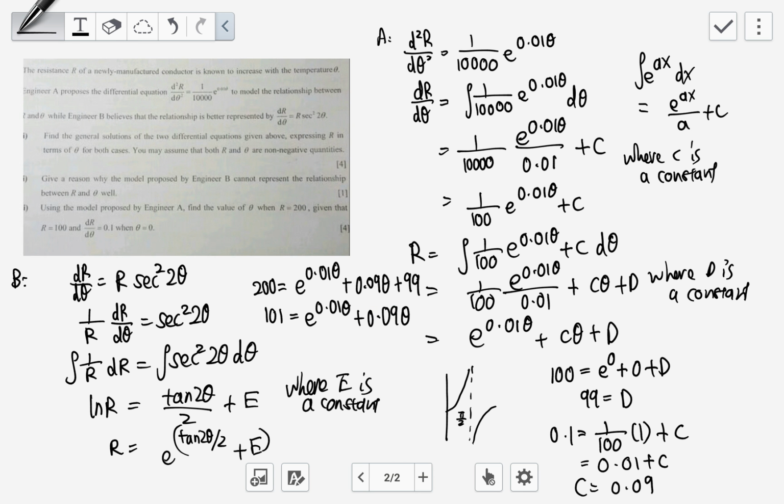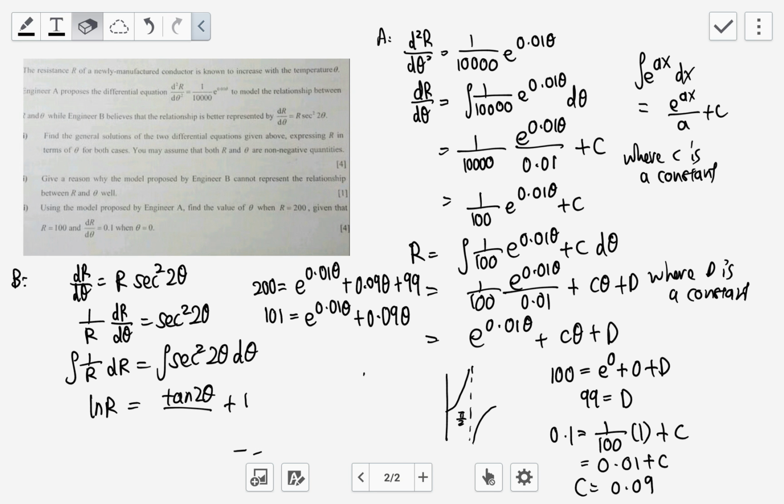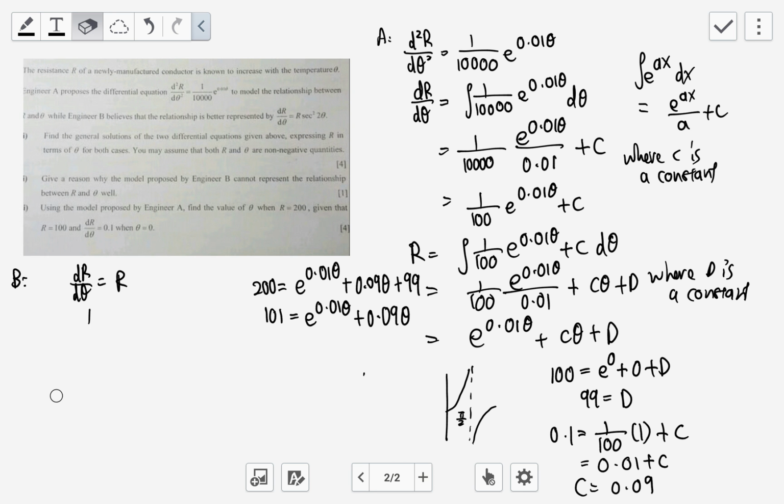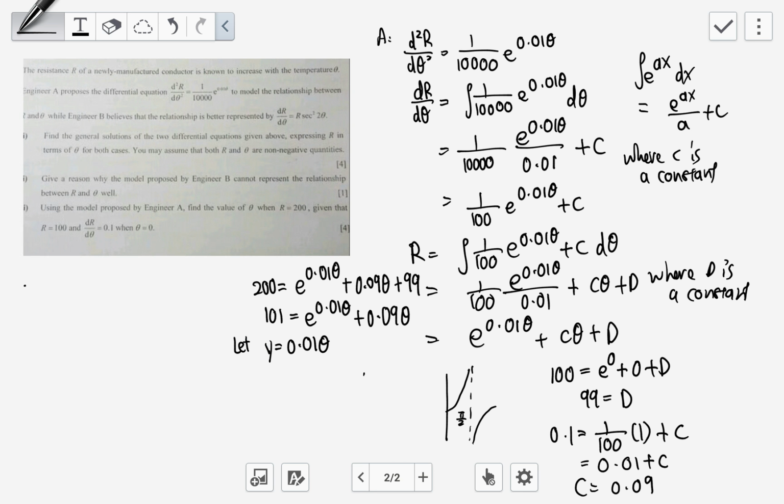When the variable is on the power as well as on the base, I usually use the graphic calculator to solve such a question. But before that, I would like to simplify it by letting y equal 0.01 theta.